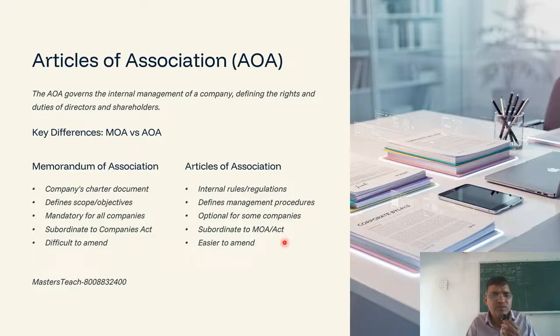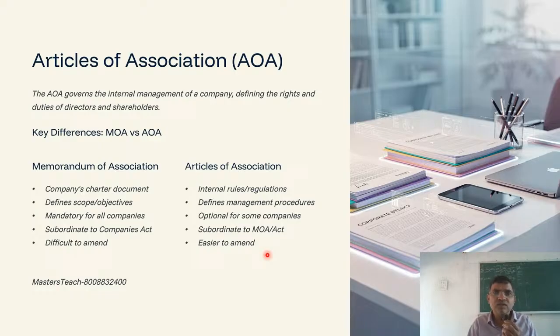The articles of association are optional. They are subordinate to the Companies Act, and also subordinate to the Memorandum of Association. It is very difficult to change the Memorandum of Association, whereas the Articles of Association are easy to change or amend. I hope this is clear.